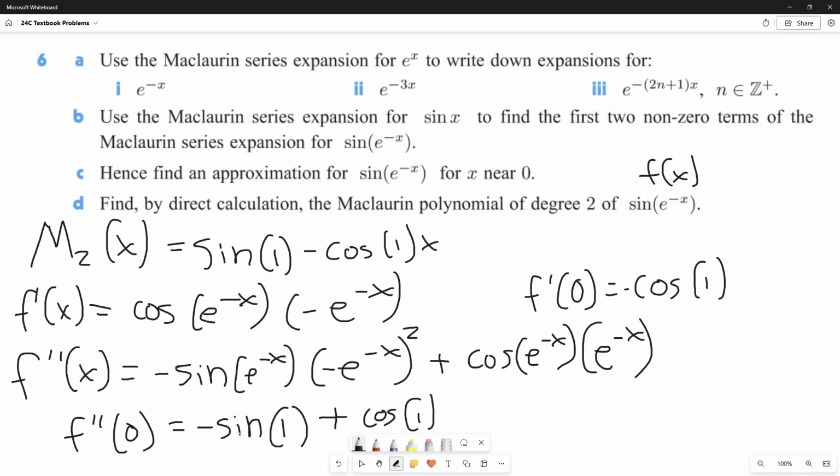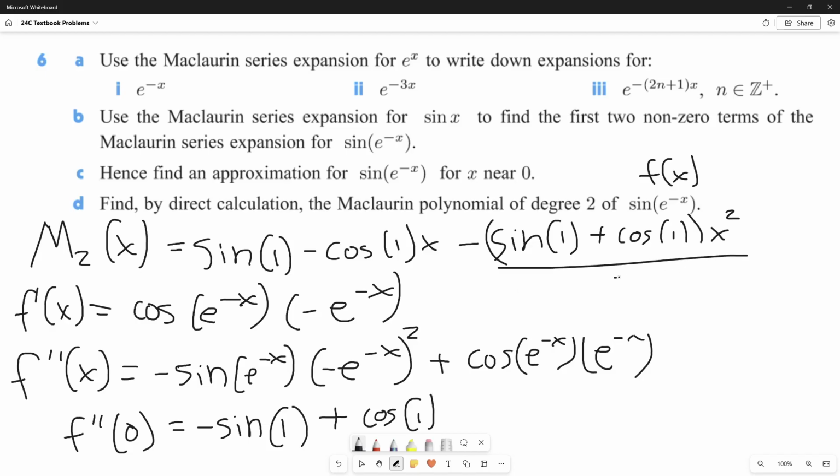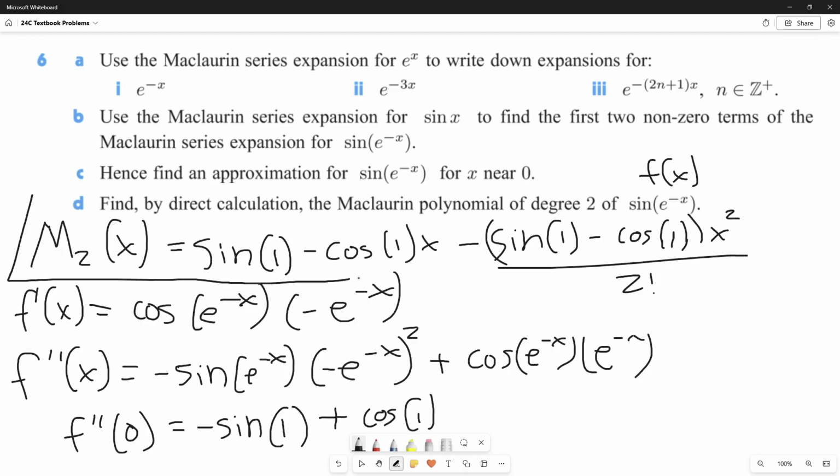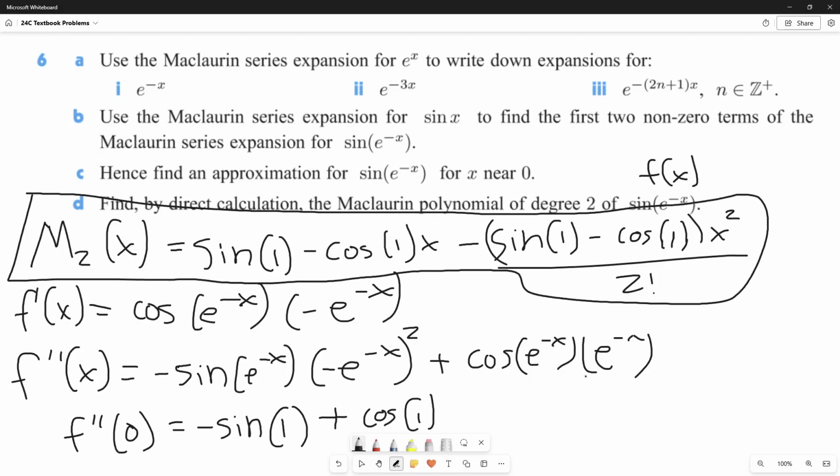So that is our second derivative at 0: sine 1 plus cosine 1, times x squared over 2 factorial. And then we should actually change this to minus. But yeah, that is our Maclaurin polynomial of degree 2 for part D. That's your answer.